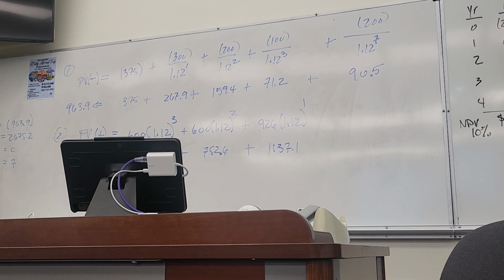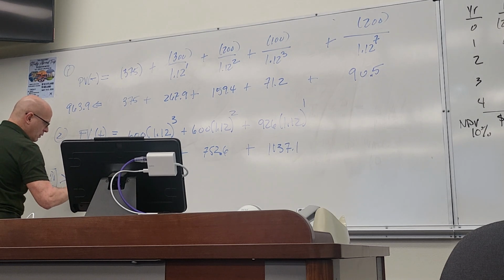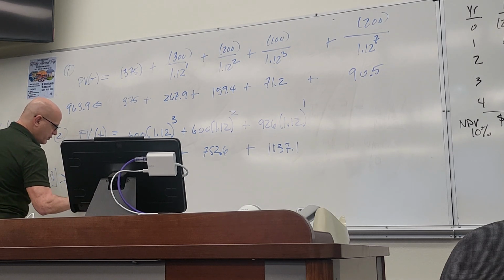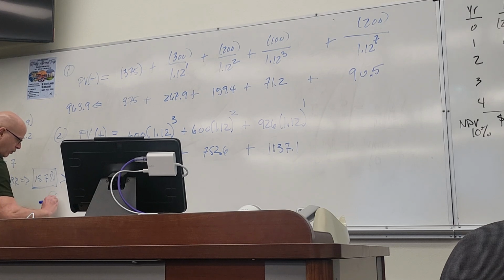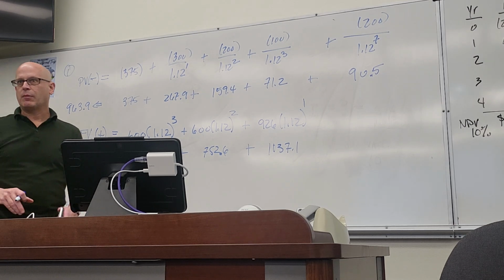And we're going to compute the interest rate, which will be our modified IRR. And that is going to be 15.7%. And since that is greater than our WACC, which is 12%, that gets us to step 4, which means this is a good project. It would have a positive NPV.